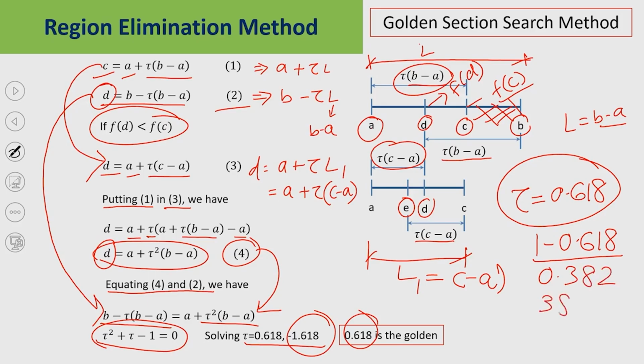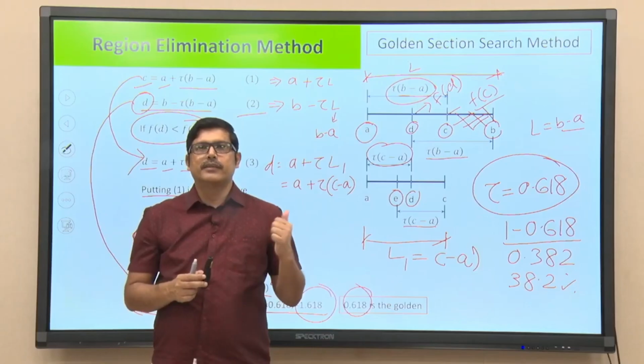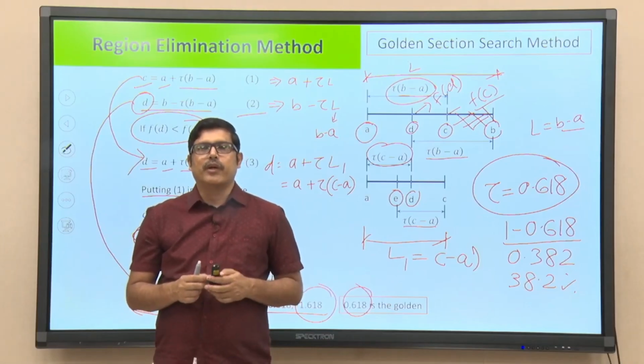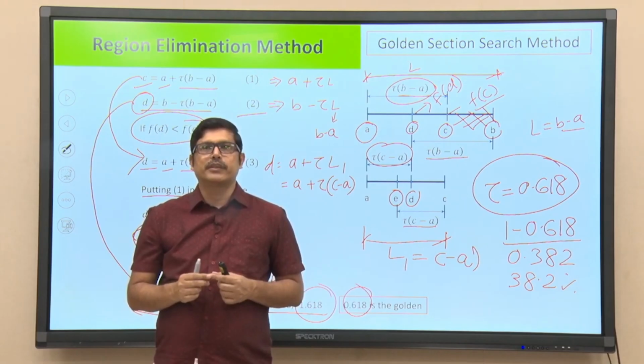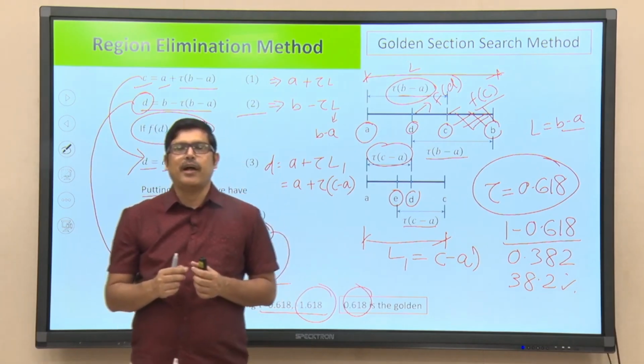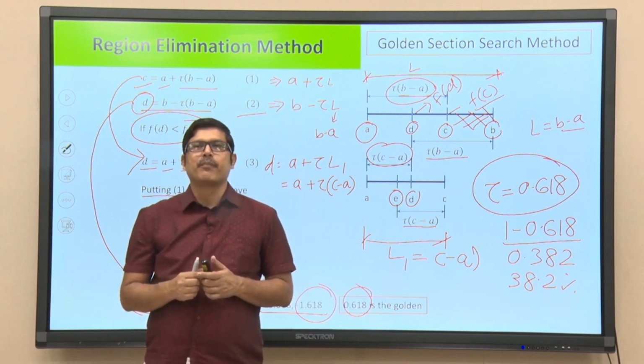So, that means every iteration I can eliminate 38.2% of the area. So, now if I consider this golden section method, every iteration I am eliminating 38.2% of the region. Okay. So, that much region I am eliminating in every iteration.